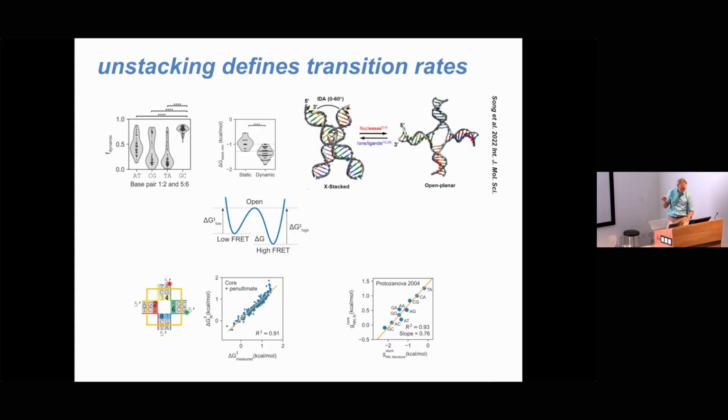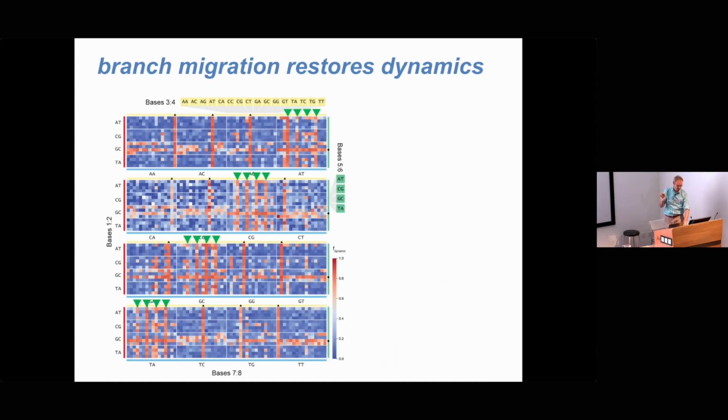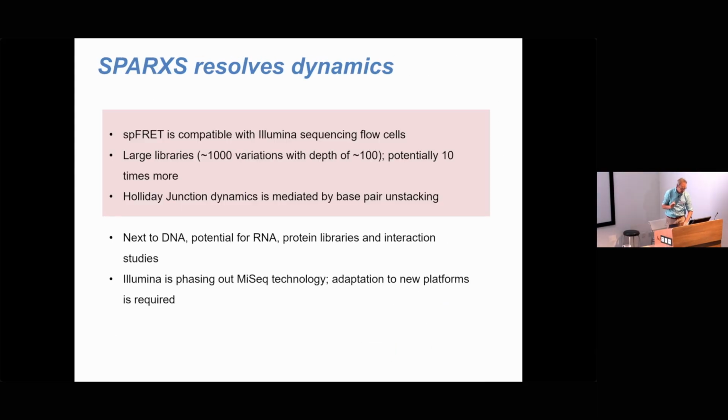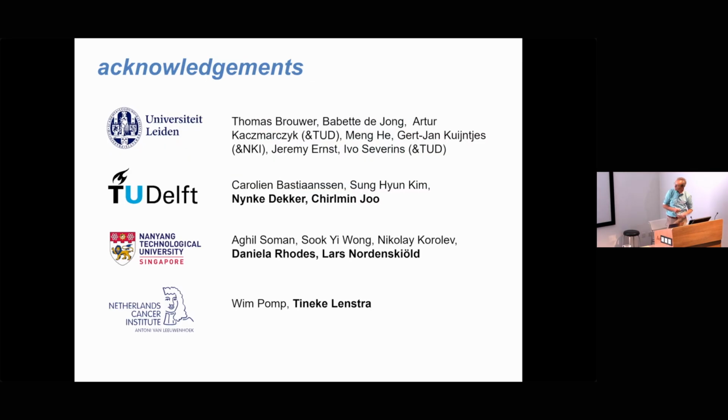I'd love to tell more about it, but it's very technical and time is over. We call this technique SPARKS, and we are on our way to apply this also to chromatin type of questions. Last but not least, I want to acknowledge all my collaborators, especially German Joe and his lab for the SPARKS. We did a lot of chromatin together with Lars Noorderschot and Daniela Rhodes, and the in vivo chromatin is together with Tineke Lindsna. Thank you for your attention.